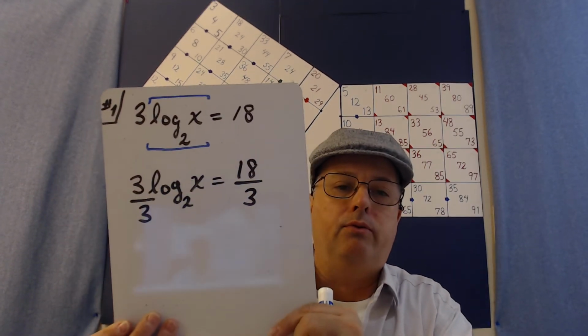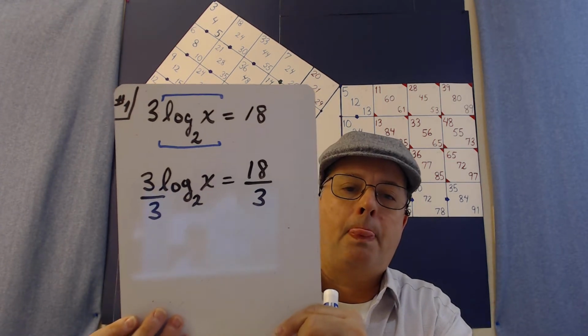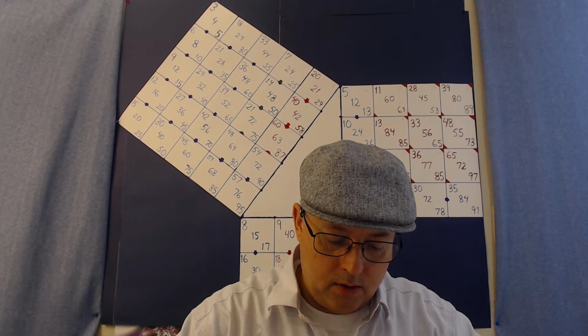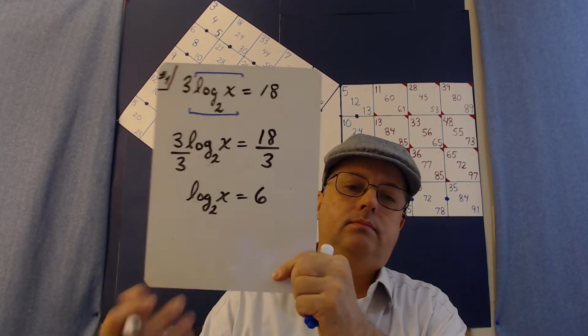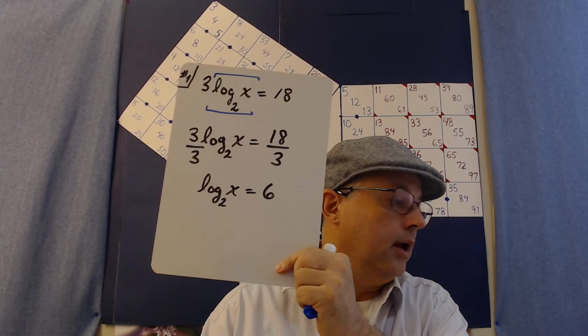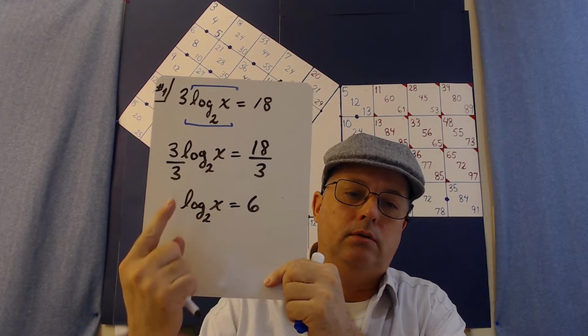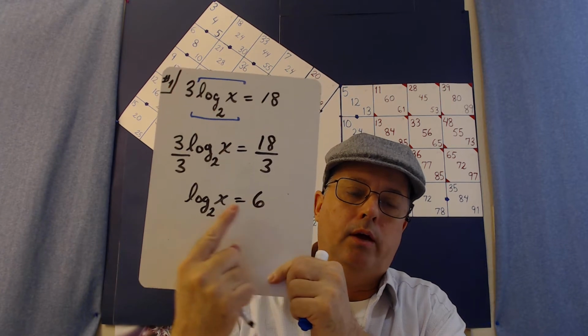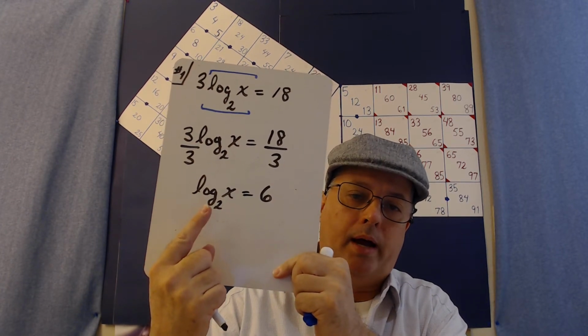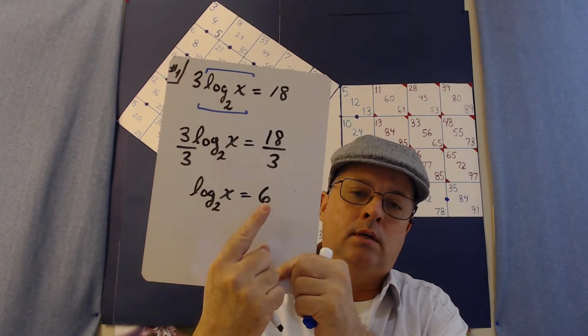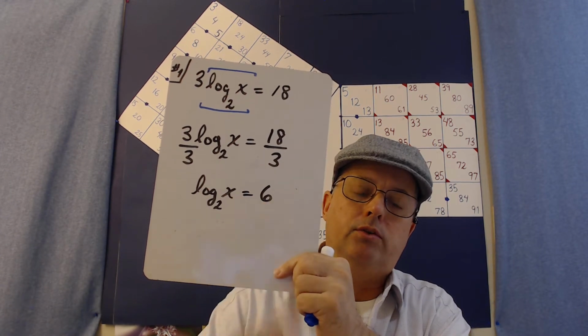We divided by 3 on both sides. And so now we have log base 2 of x equals 6. Now we have solved for the variable expression. We have the variable expression by itself and this value on the other side.